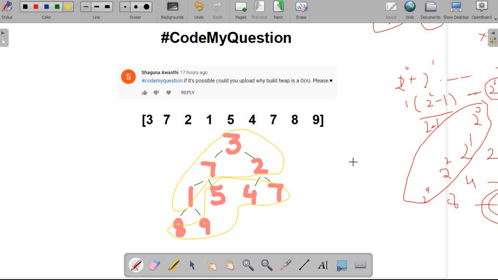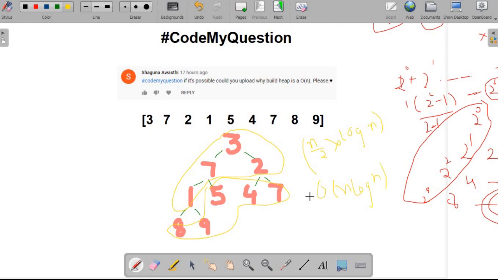Now as we are going to perform the down heapify method on n by 2 nodes, and the down heapify method requires log n time, the time complexity will be of order of n log n. But this is not asymptotically tight. This is not a wrong answer, but it is not asymptotically tight.